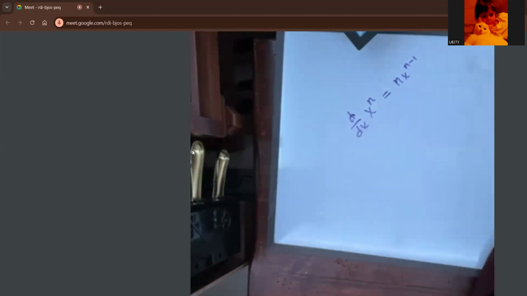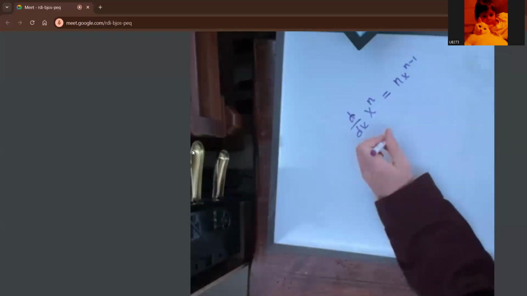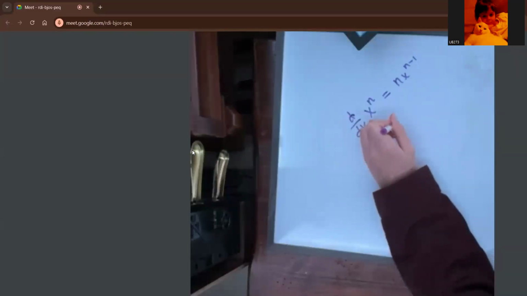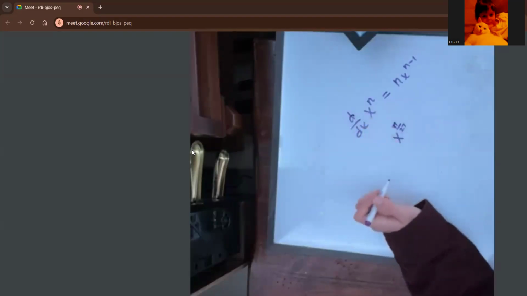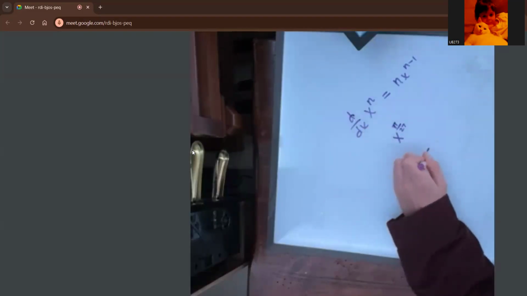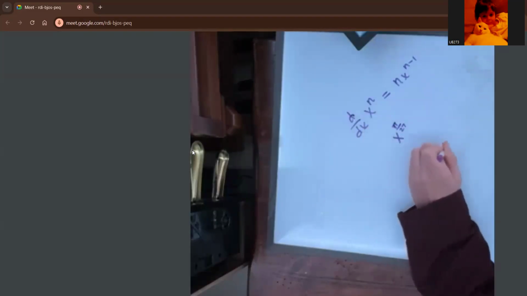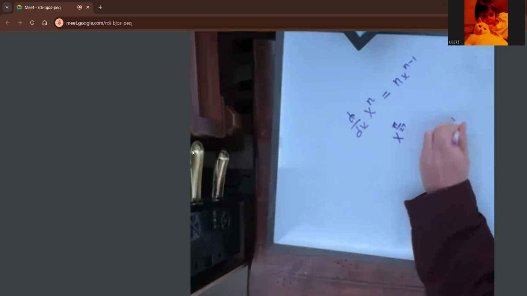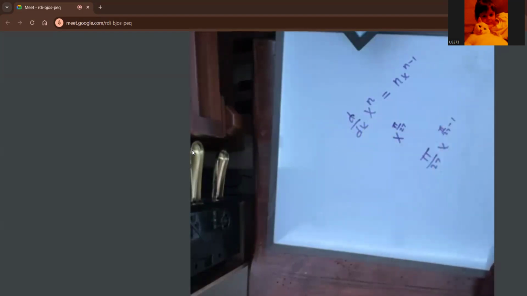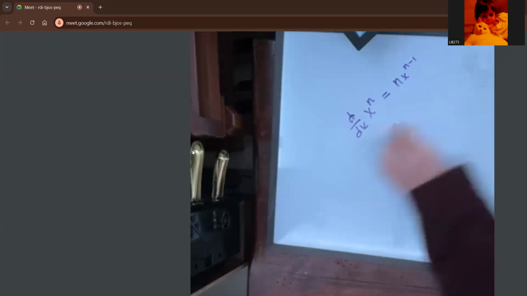Once again, let's say they gave you something like x to the, I don't know, pi over 27 or something like that. Let's say you were like, oh, I don't know what pi over 27 minus 1 is. I mean, you should be able to leave it as that, and that should be correct. Okay.